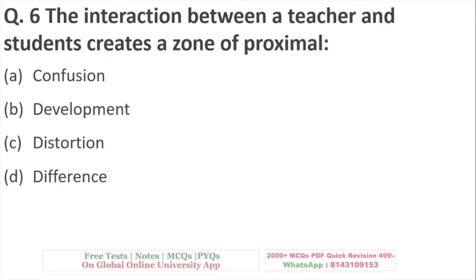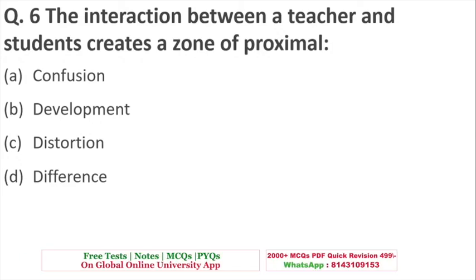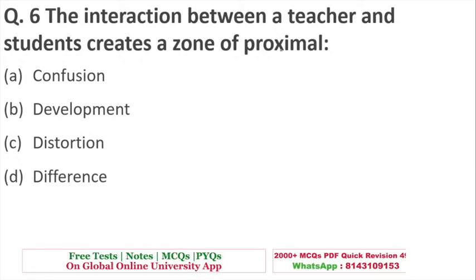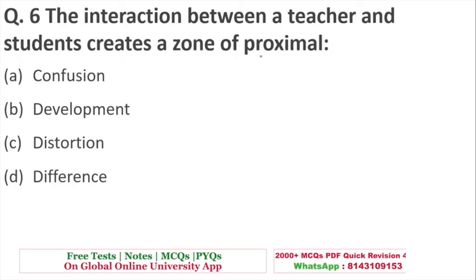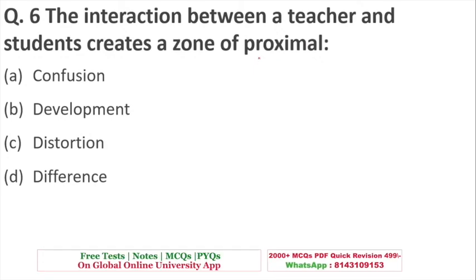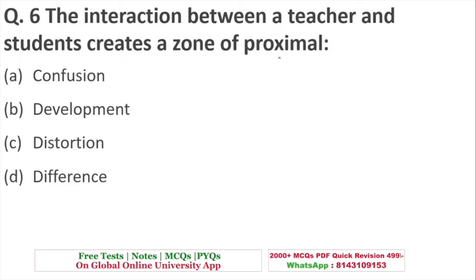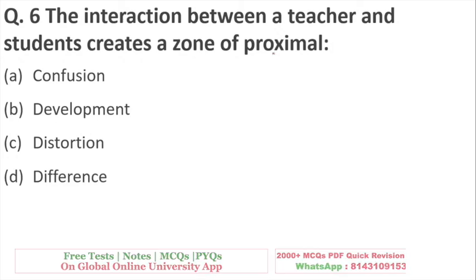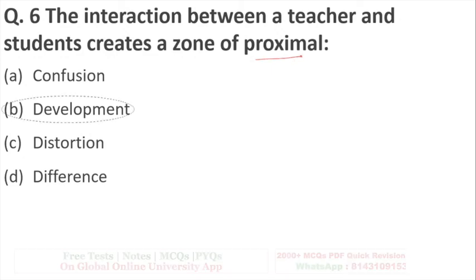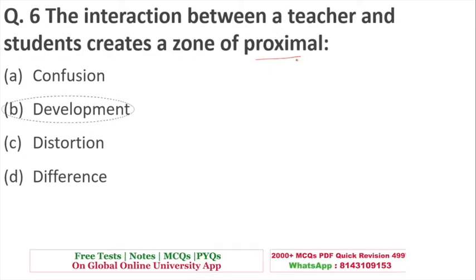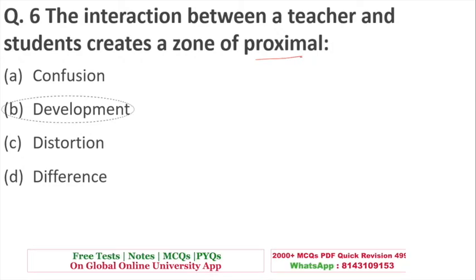So they are saying when the students and teacher are interacting, what is that zone of proximal? Proximal is something that is an area close to the center. It is the area of development, because we are learning new things.